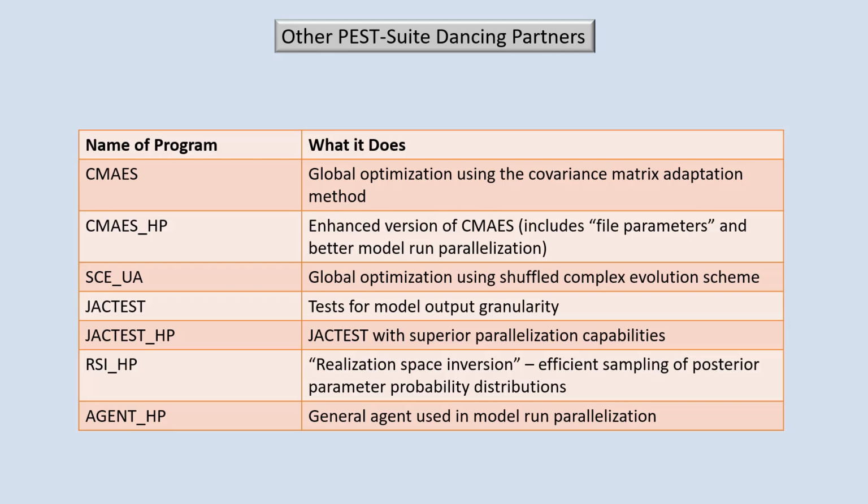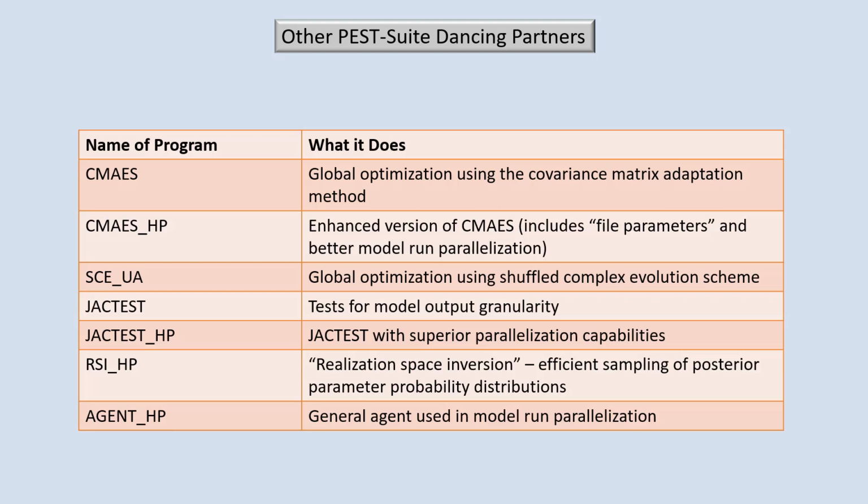As I said before, PEST isn't the only dancing partner in the PEST suite. Supplied with the PEST suite are a couple of global optimizers, the CMAES and SCE global optimizers. A program called JACTest can test the integrity of finite difference derivatives calculation, in order to see whether the model is numerically well behaved or not.